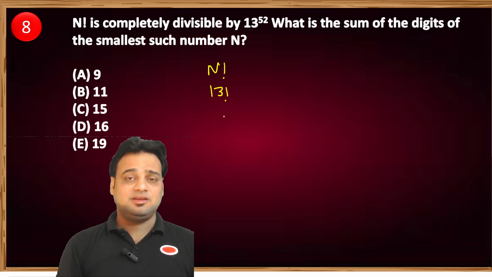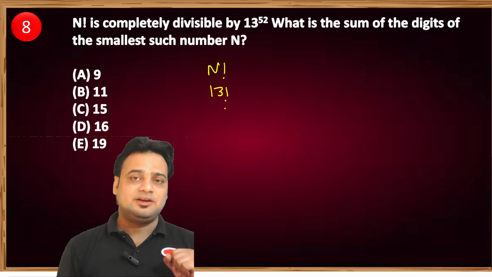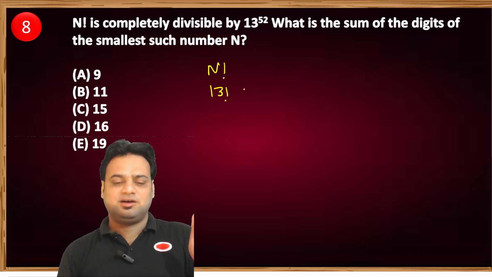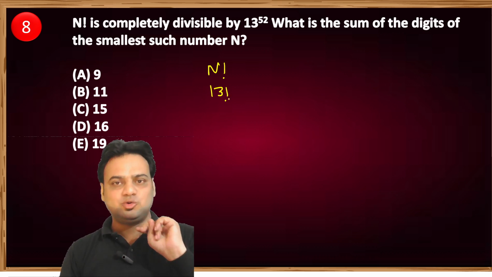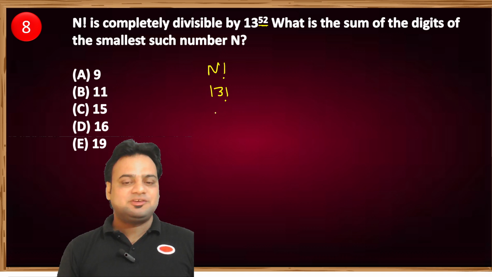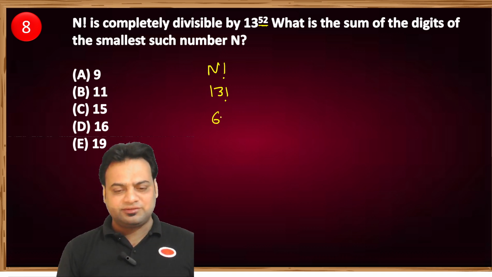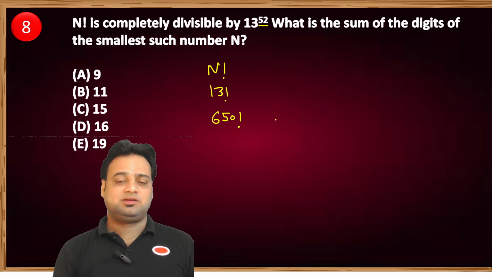If it is 26, then you get 13 to the power 2, because factorial 13 has the first 13, and next 26 also gives a 13, so that is 13 to the power 2. Similarly, if you require 52, it must be about 13 times 50. That means if it is factorial 650, how many powers of 13 do you get?